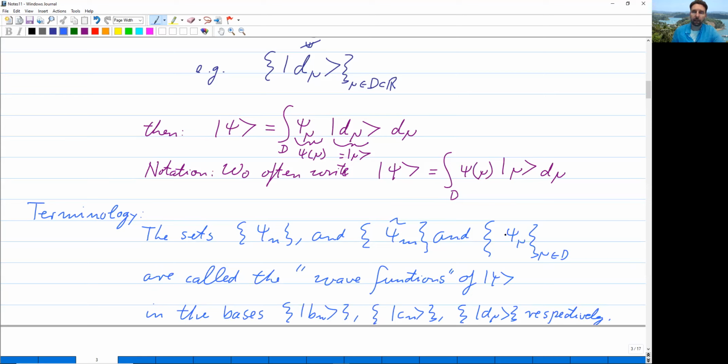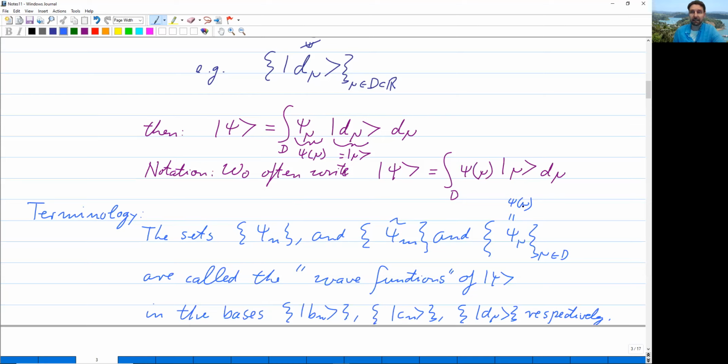All right, so in this case, where we have psi index mu, which we also write as psi of mu, this is the most plausible, right? We call this a wave function because it looks like a function, psi of mu. It's really just a coefficient. It's really just the collection of coefficients of our vector psi in a basis.